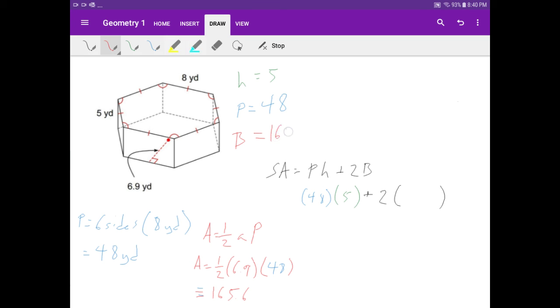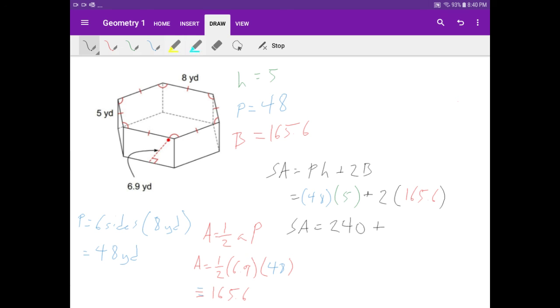165.6. And that goes here. So now to get this answer, it's this calculator again. Your surface area, 48 times 5. So that's the perimeter times the height, gets you 240. So if you're covering all the sides, that's 240.